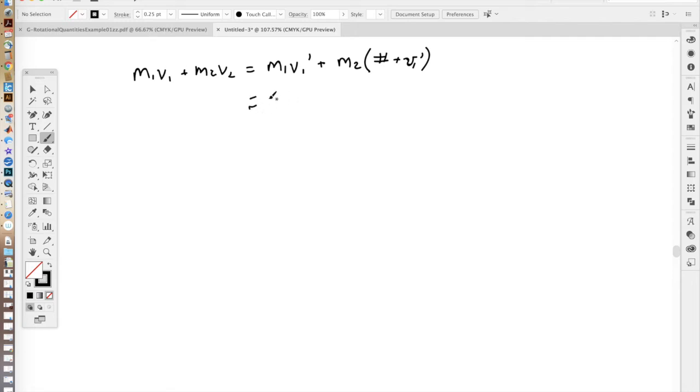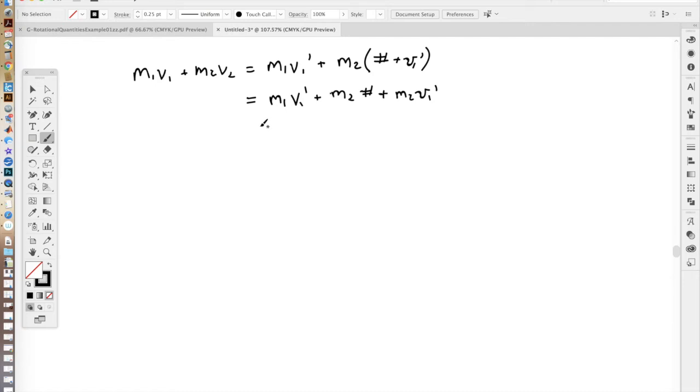That's going to be equal to m1 v1 prime plus m2 times a number, and that was our 1.9, plus m2 times v1 prime. Just distributing the m2.